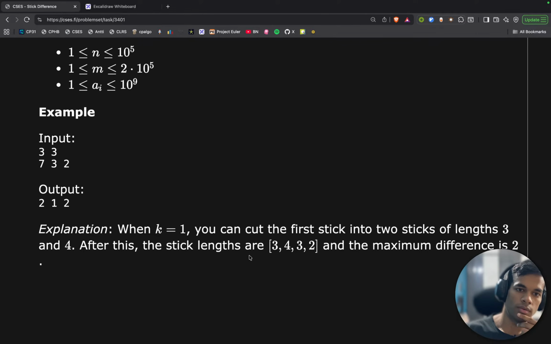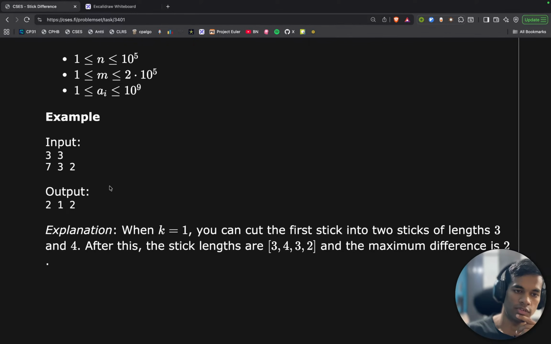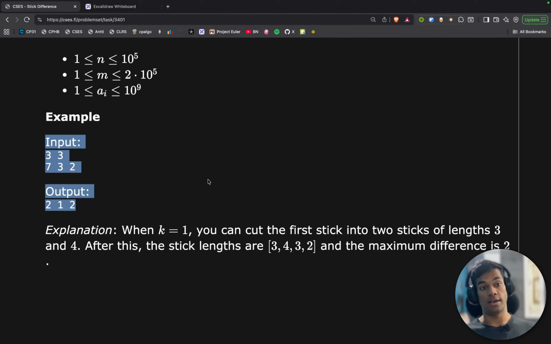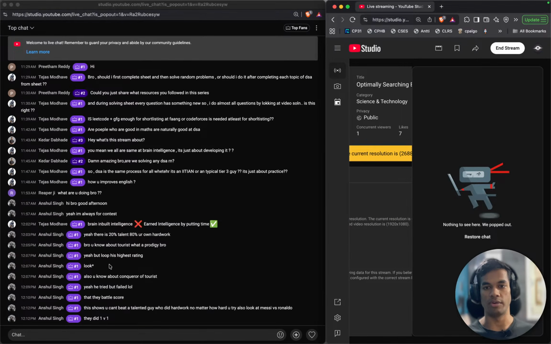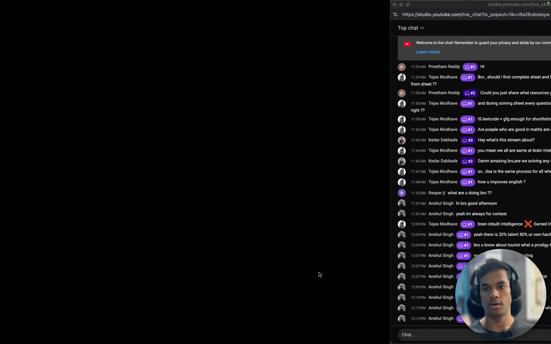When k equals 1, I can make one cut on this stick and make it length 3 and 4, and the minimum difference would be 0 and 3. Okay, that does seem like a tough question, not even dynamic programming tough.